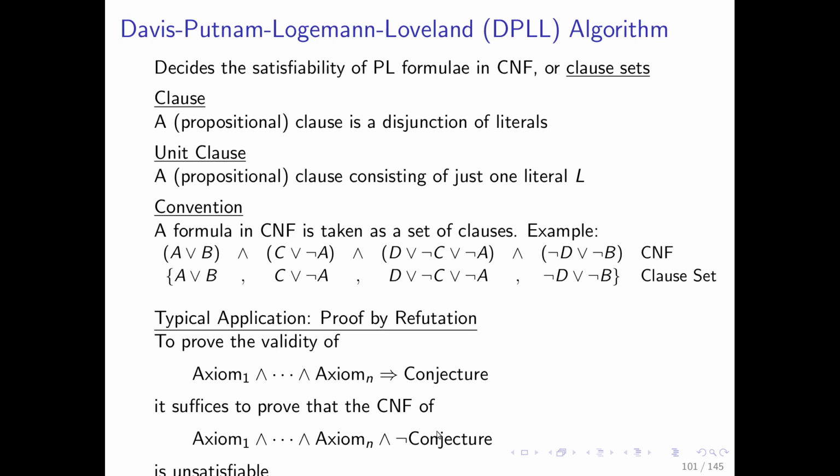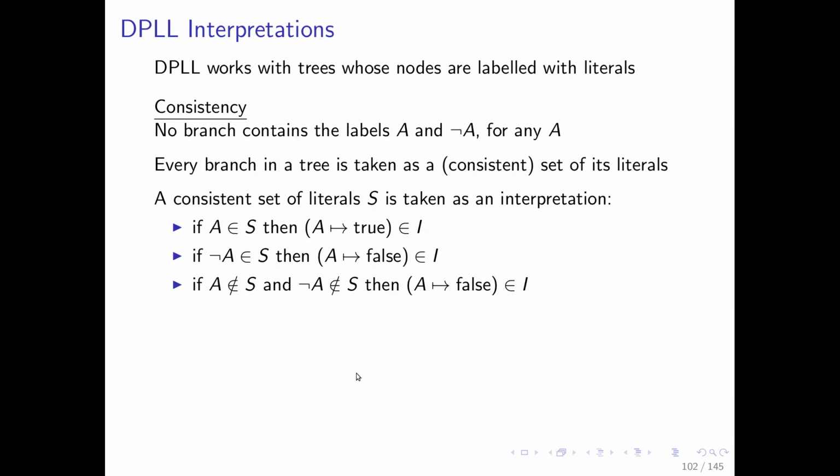If we find a satisfying assignment, then we know that this is false, because there's a way to make these guys true and make this guy false. If there is no way that we can make this false, then it means that whatever assignment you give, if it makes these guys true, it's got to make these guys true. So that's the way we'll decide an implication of that form.